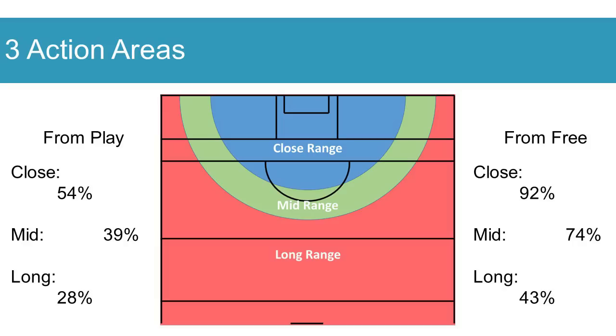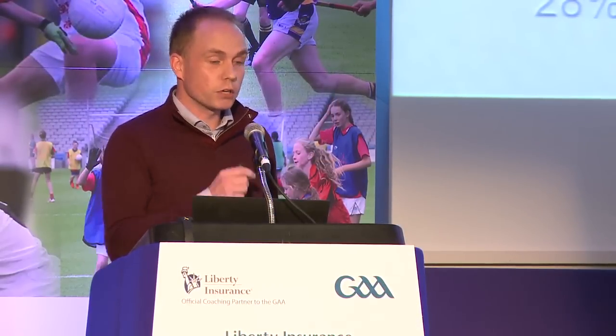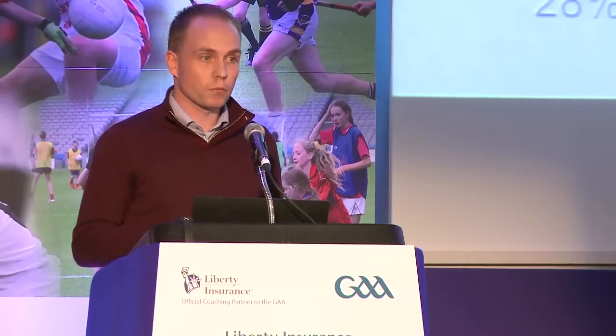So from play, 54%, 39%, 28%. So it's quite clear that, all other factors aside, just where we take the shot from is a big indication of whether it's going to go over or not, okay? And again, I think this is something very simple. You can print this image out on a piece of paper, give it to a parent, an assistant coach, a selector, whatever it is, and simply record where your shots are coming from.